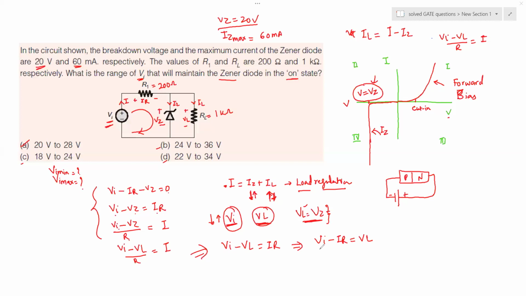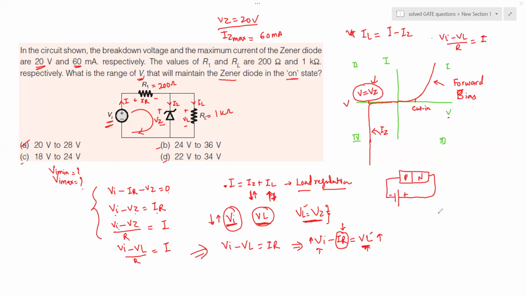So you see now, when there is a change in VI, there is a change in VL, which we don't want. Basically we want to change this IR drop in such a way that the VL will remain constant. From this equation, if there is an increment of VI, the VL is going to go up, and then the voltage across this resistor R, which is the IR drop, is going to go up proportionally so that VL remains constant.